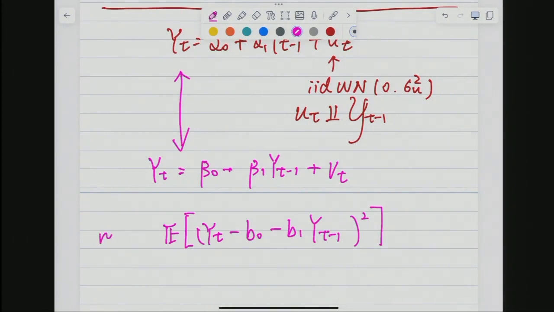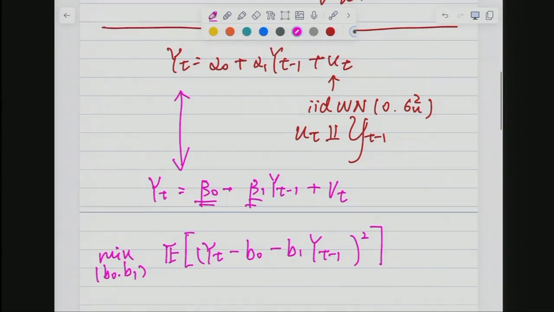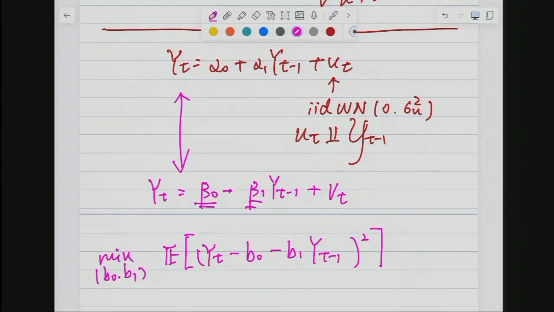Okay, minimizing over the values of b naught and b1, and the solution gives us the beta naught and beta 1. So do you think that these two models are mathematically equivalent? Okay, the majority wins. This is correct, okay?